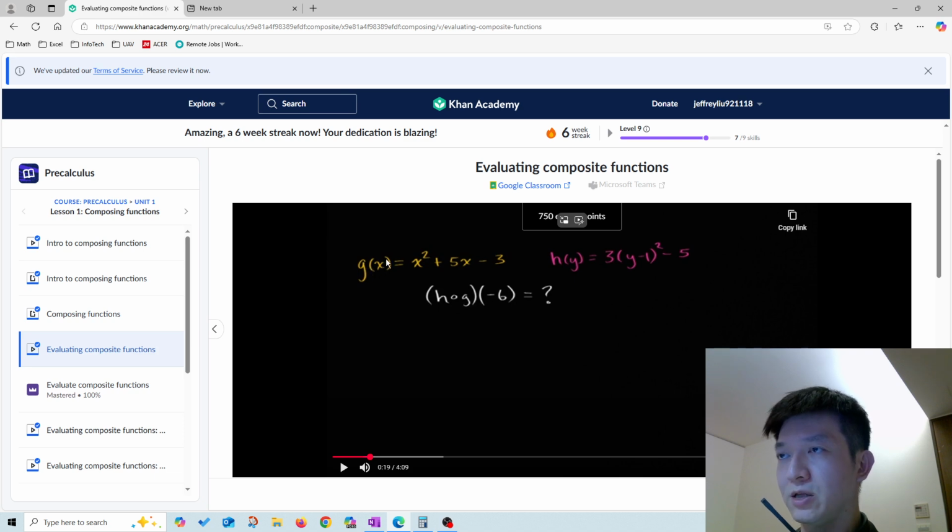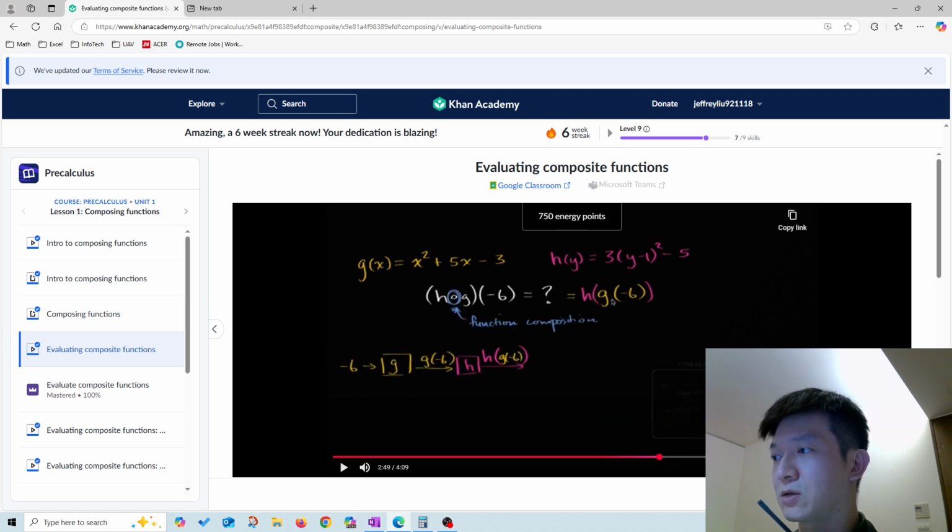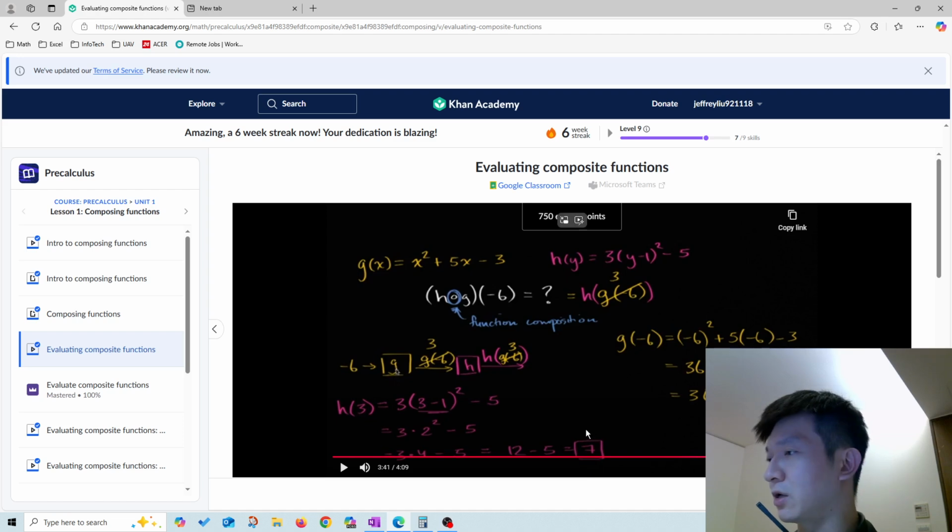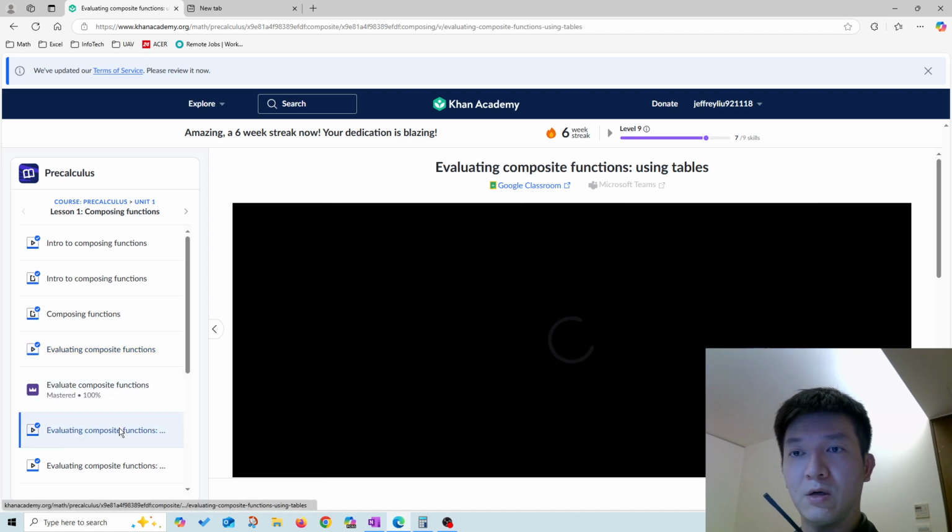Plug in the g: 36 minus 30, so you're left with 6 minus 3, which is 3. Then you plug into h: you do the square first. 2 squared is 4, times 3 is 12, 12 minus 5 is 7. 7 is supposed to be right here. Okay, we got it. Let's move on to another one.